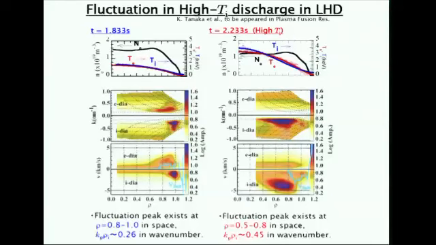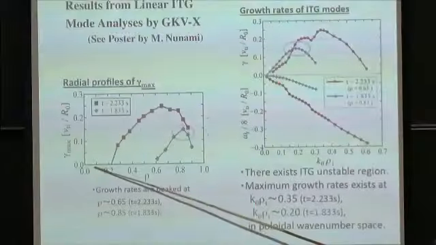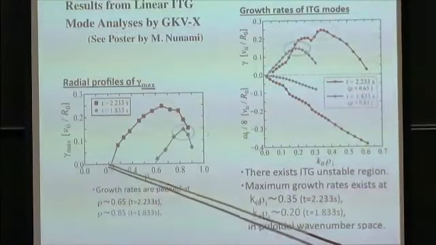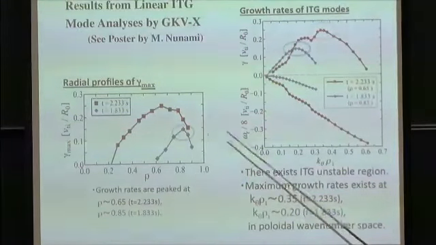Corresponding to this equilibrium, Nunami-san, my colleague, calculated using the new gyrokinetic code GKVX and using the equilibrium data from the VMEC equilibrium. The red curve corresponds to the high Ti gradient case, and the blue curve to the low Ti gradient case. As you can see, this is the minor radial profile of maximum growth rate for high Ti and low Ti cases.